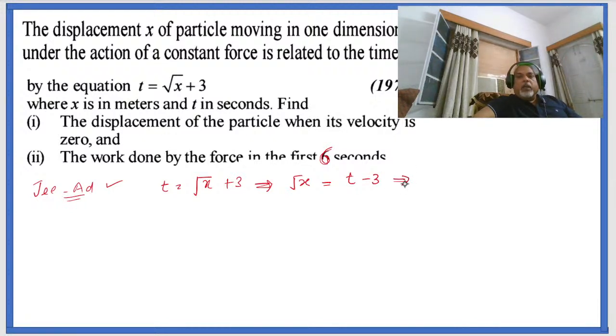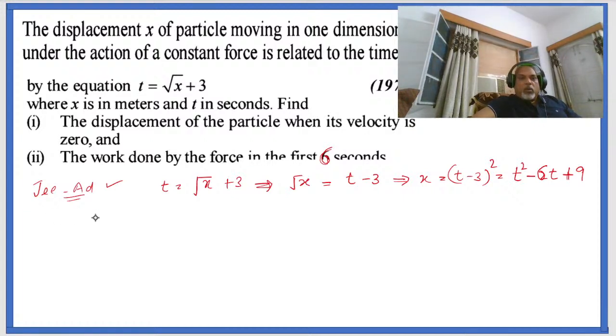Or we can write it as x is equal to t minus 3 whole square, or we can write it as t square minus 6t plus 9. Correct?